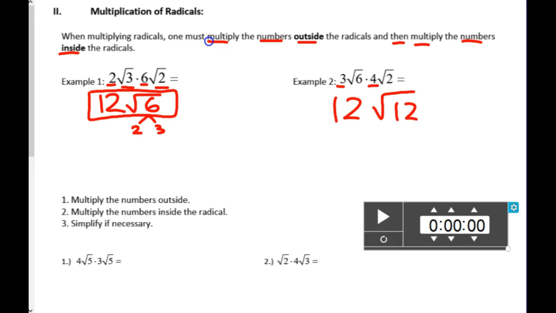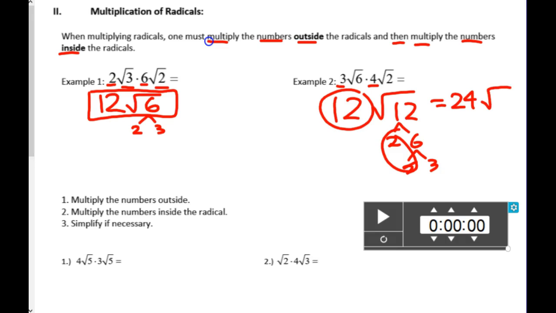What do we have to do now? Factor tree. 2 times 6, 2 times 3. What do we need to multiply? The circled 2 and the coefficient 12 multiply together to give us what? 24, and then square root with our loner is 3. Okay?